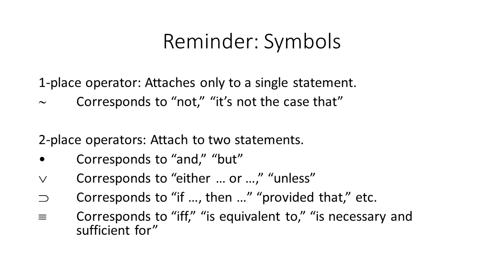It corresponds to not, it's not the case that. Then we have our two-place operators, and these attach to two statements, hence two-place. So we have dot for and or but, wedge for either or unless, the horseshoe for if then, provided that, and so on. And then the triple bar for if and only if, is equivalent to, is necessary and sufficient for.